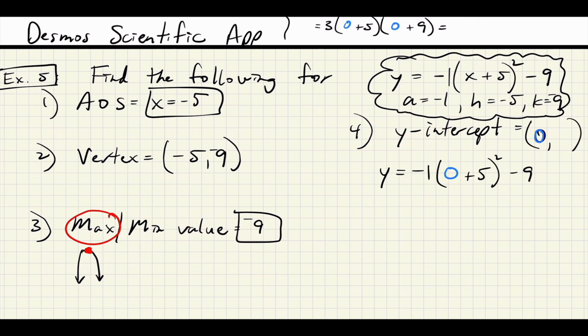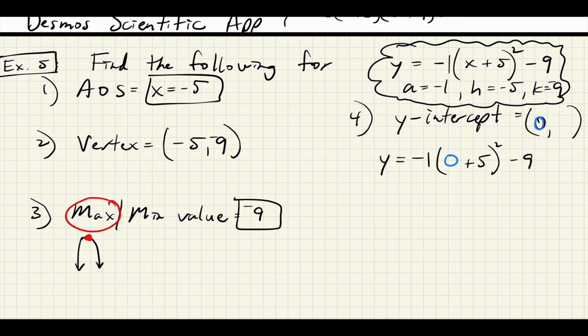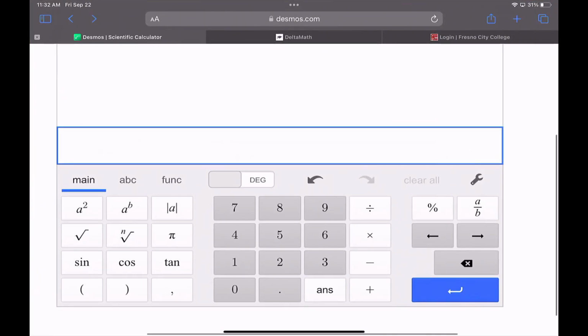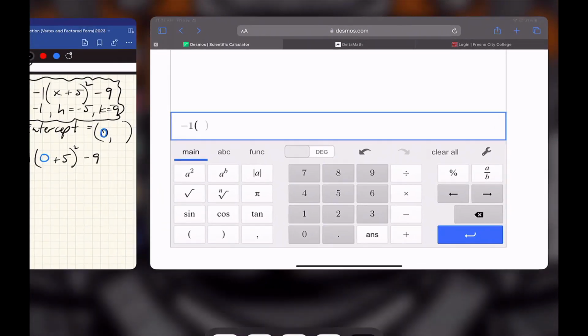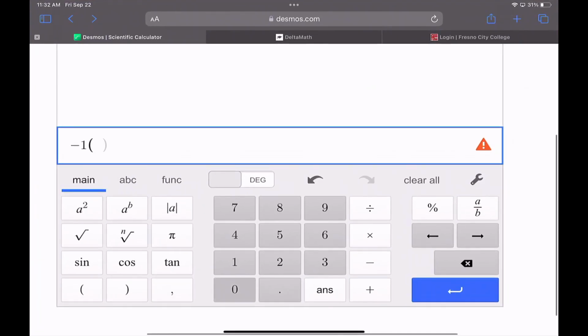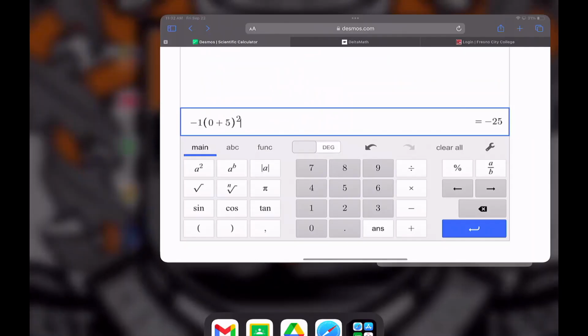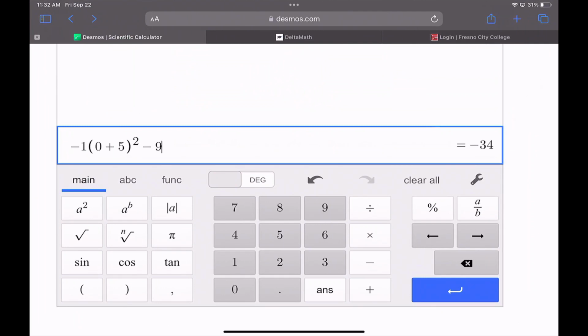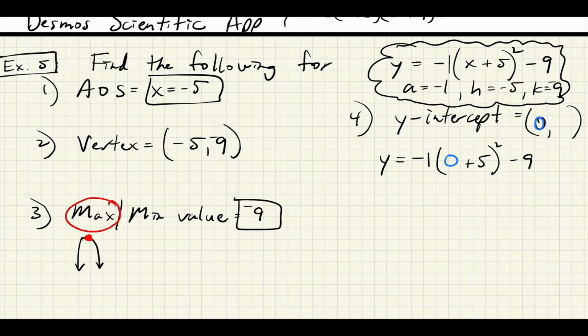You don't have to put the equals or the y, just put everything that we want to calculate. So negative 1 parentheses 0 plus 5 parentheses squared, minus 9. Negative 34. Again, it would be off the graph, but we don't have to graph it, so we don't have to worry about it. We're done.